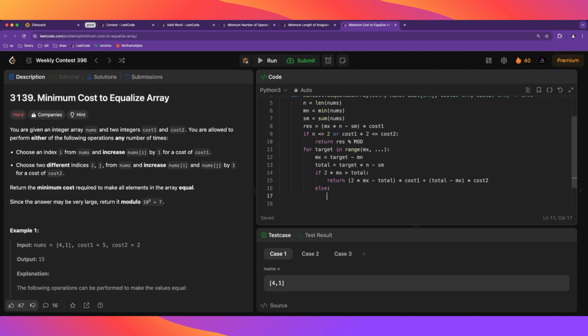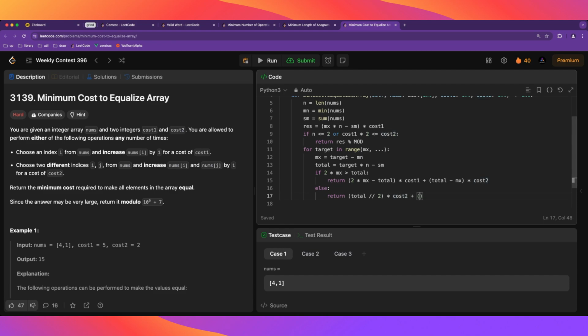So this is this case. Now in the other case we're going to do all the operations of cost 2 except if we have a parity issue, right? So the total, we divide the total by 2 and we multiply that by the cost.